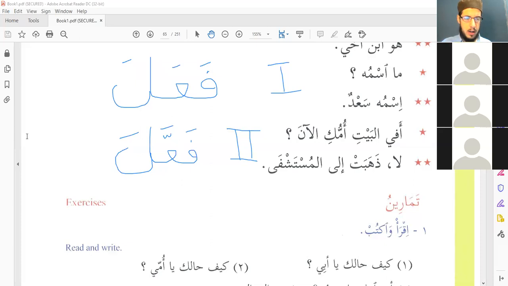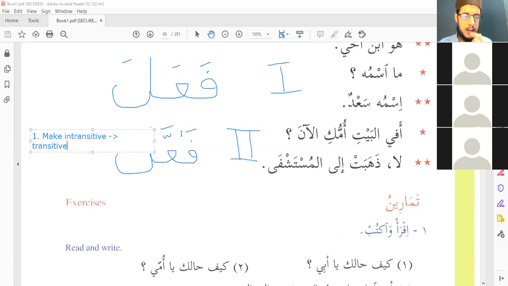Let's see if I can write it out here. So the first is to make something that is intransitive transitive. Okay, what on earth does that mean? Transitive and intransitive: does the verb require an object or not? So, he sits.